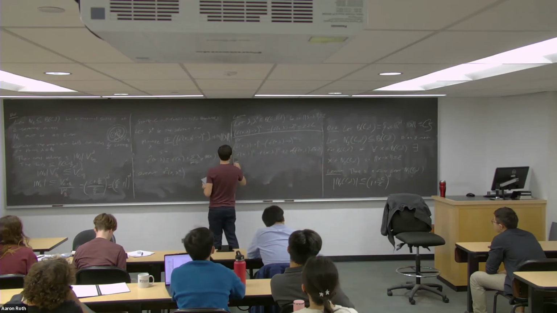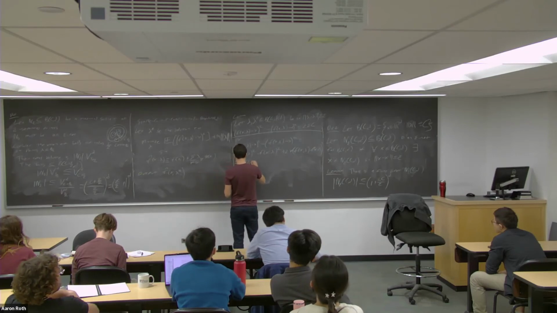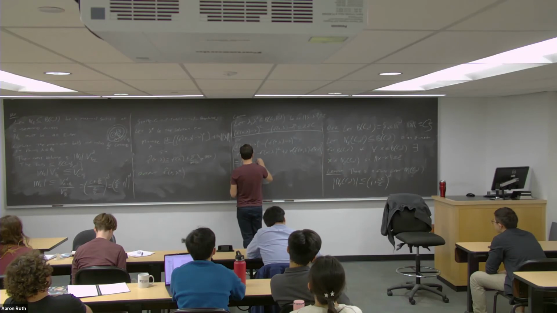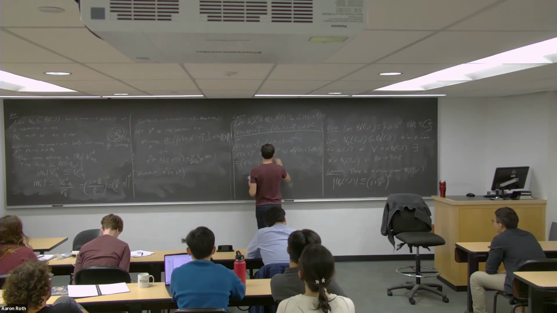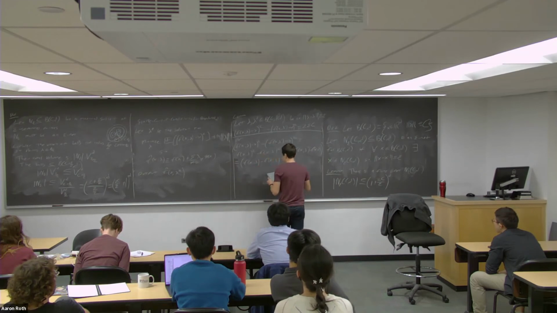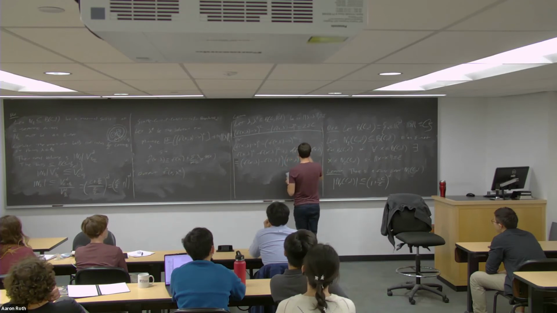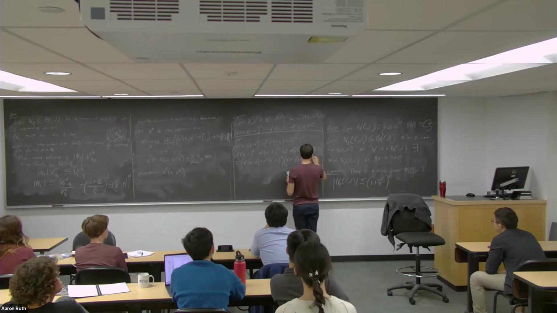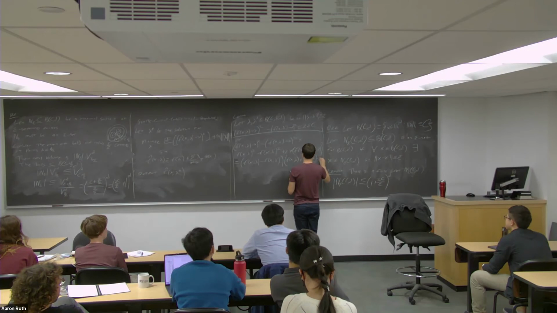And this I can factor as the difference between f of x lambda and f of x lambda prime times the sum of f of x lambda plus f of x lambda prime minus 2y.